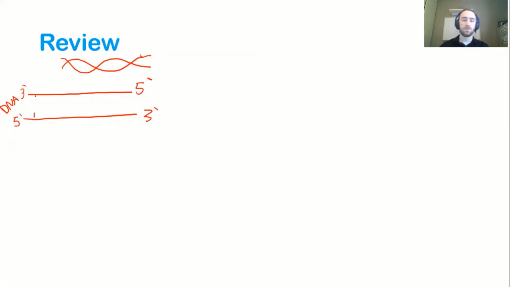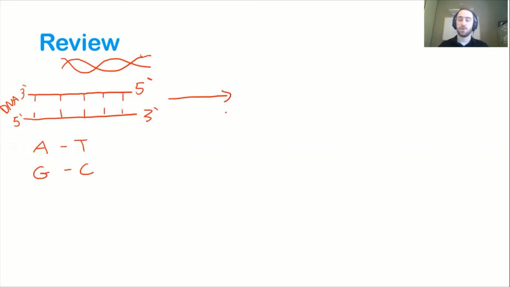And what's holding these DNA strands together? Well, they're base pairs, right? So the four bases we have with DNA are A and T, A binding to T, and also G and C. Now these base pairs bind together through hydrogen bonds, right?